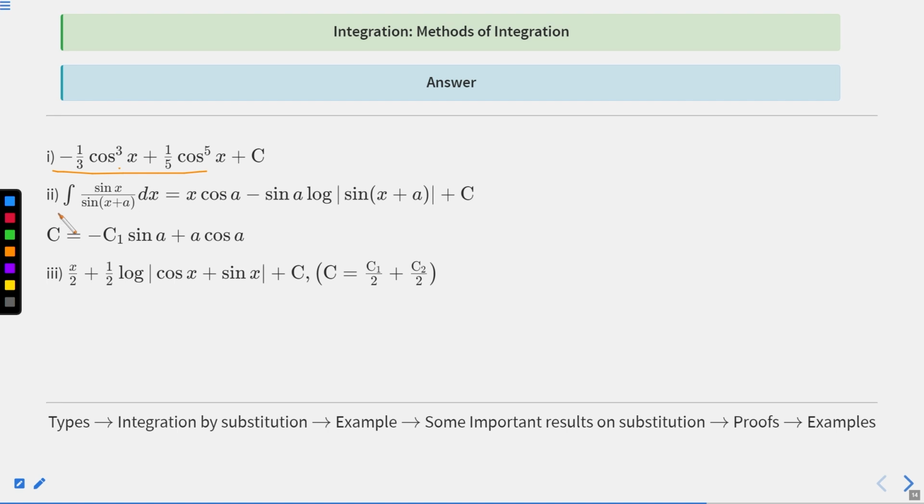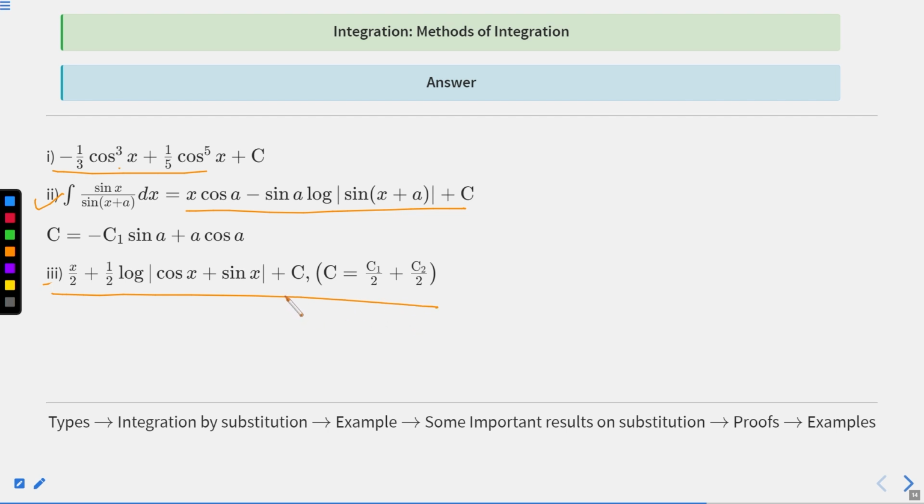The hint and other things are already given to you. So the second answer will be in this form. Please do the respective substitution. Now take 3, do the respective substitution. You will get this as your answer.